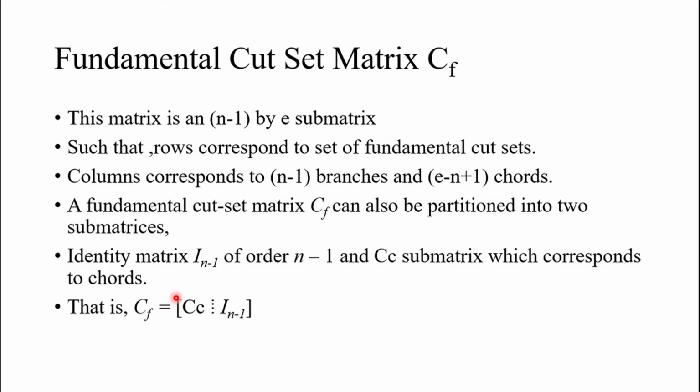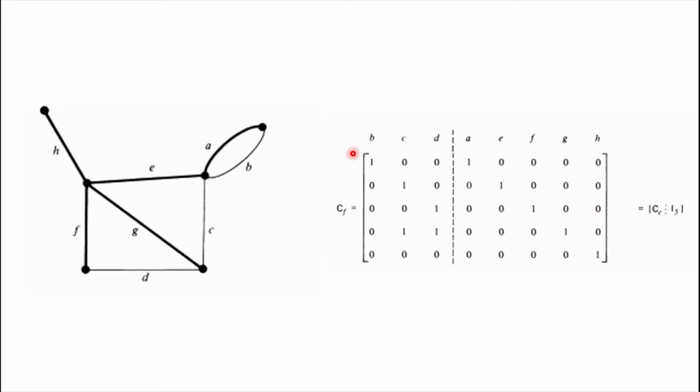Here it's written that columns correspond to n-1 branches and E minus n plus 1 chords. So I have first written down the chords, and after that I have written down the branches. For this spanning tree the chords were B, C and D, so I first wrote the chords, and after that the branches A, E, F, G, H.